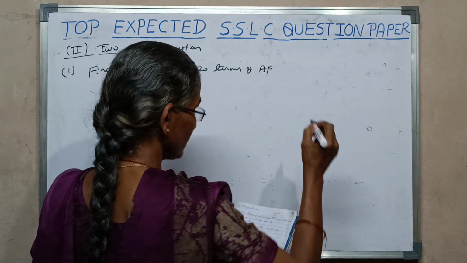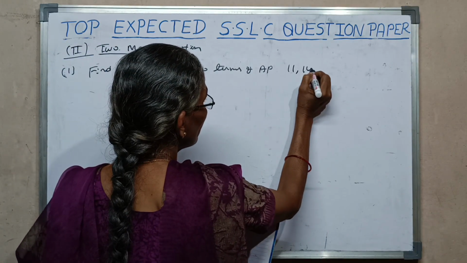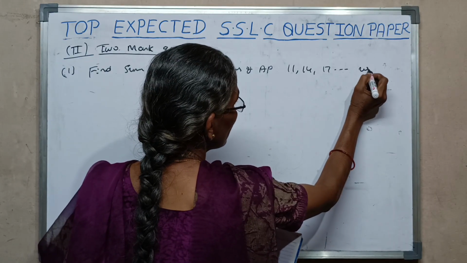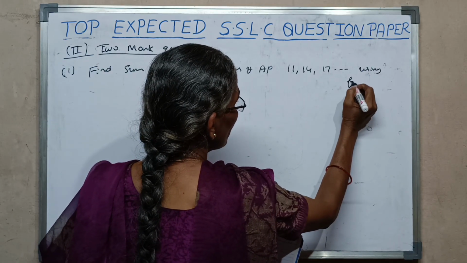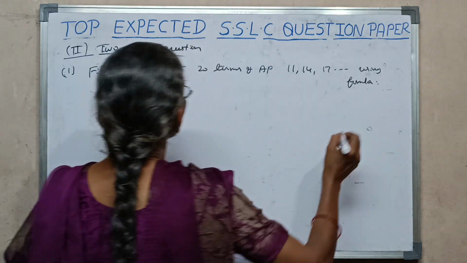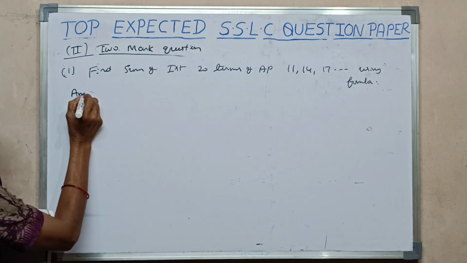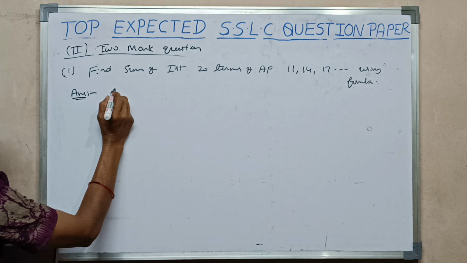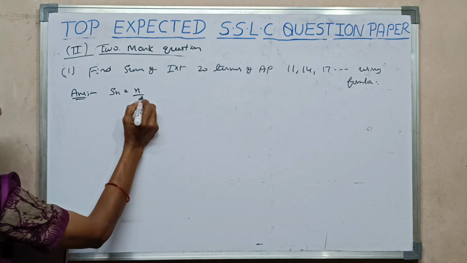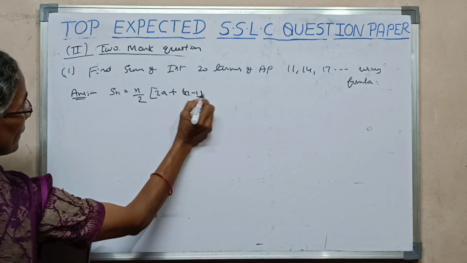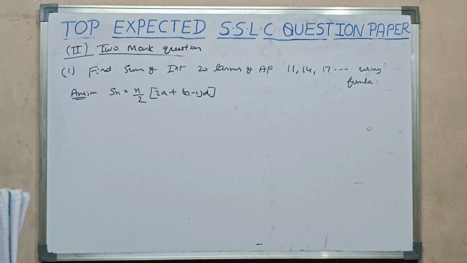The sum of the first n terms of an AP is given by Sn equal to n by 2 into 2a plus n minus 1 into d.